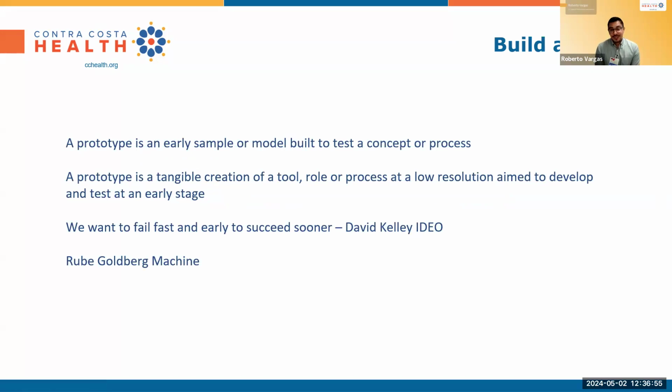Then we're going to get into build and test. This is where you may hear the term prototype, as associated with human-centered design. And again, bridging ideas here: prototype, small cycles of change. We're talking about testing PDSAs. Small and simple is always the best way to go about it.